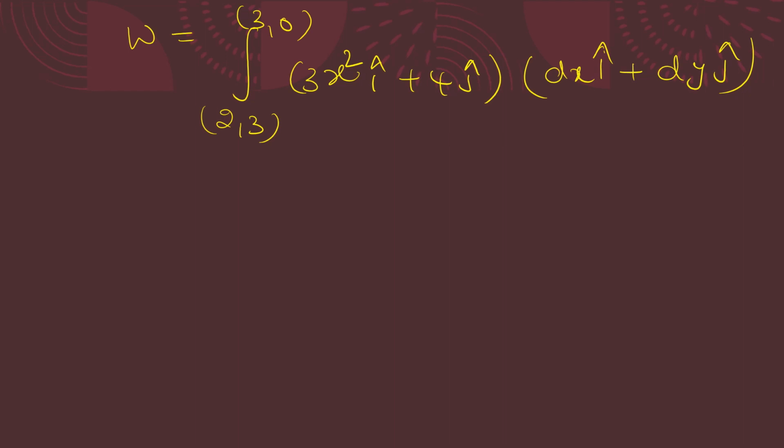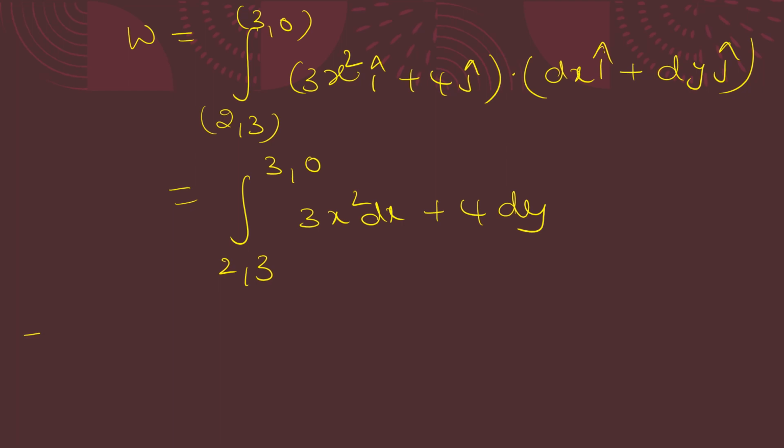Now integrating, here we are doing the dot product, i dot i and j dot j are 1, so this is 3x square dx plus 4 dy. This is the work done, W equal to the integration from (2, 3) to (3, 0) of 3x square dx plus 4 dy.